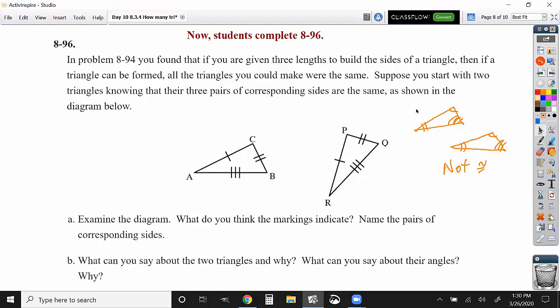We don't know if this triangle here is bigger or smaller than the other one. It can grow and keep the same angles as it grows. So it's an interesting little problem, because these have the same angles, but they're definitely not the same triangle.